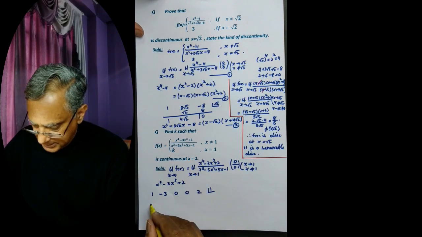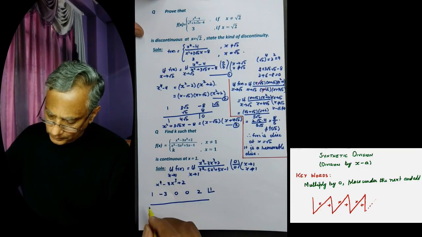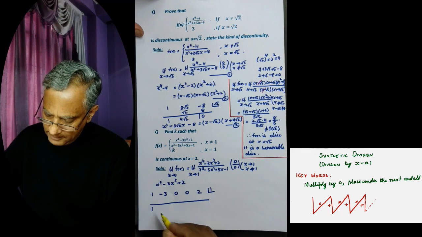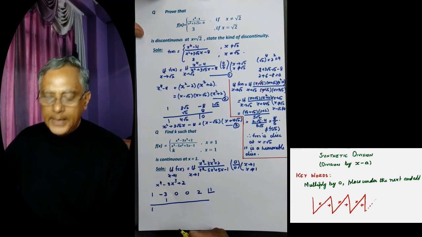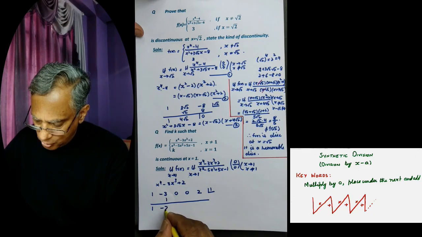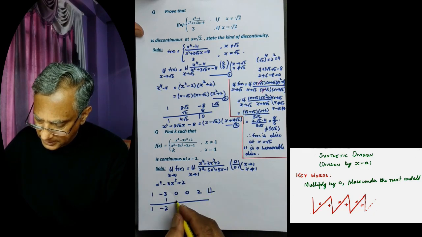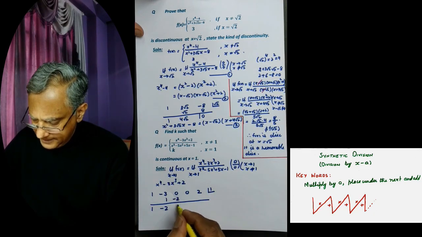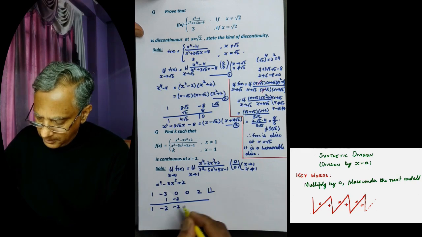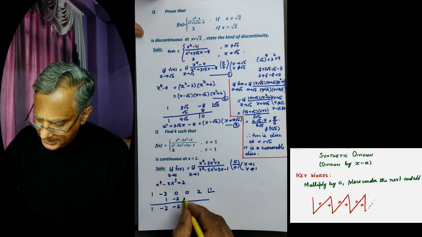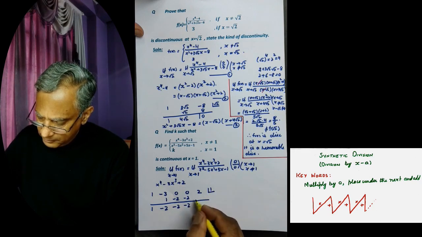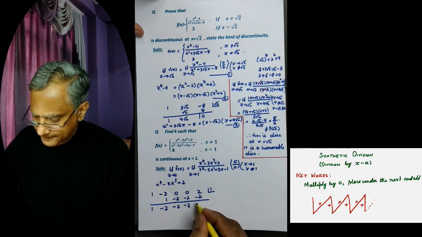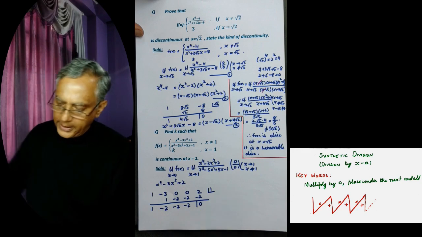So this is the starter, 1. Multiply by this, place under the next and add. Minus 2, multiply by this, place under the next and add. Multiply by this, place under the next and add. Multiply by this, place under the next and add. Remainder is 0.